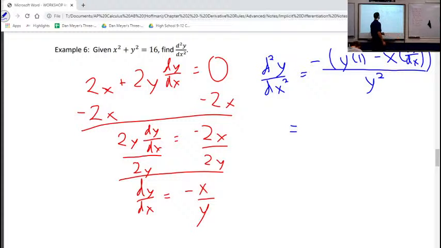We are going to simplify this by saying negative y plus, because the negative gets distributed, plus x times, well, we know what dy dx is. We found dy dx earlier. It was negative x over y.